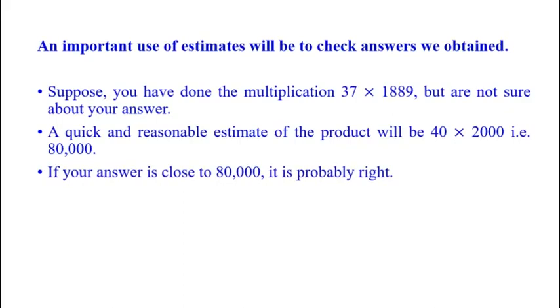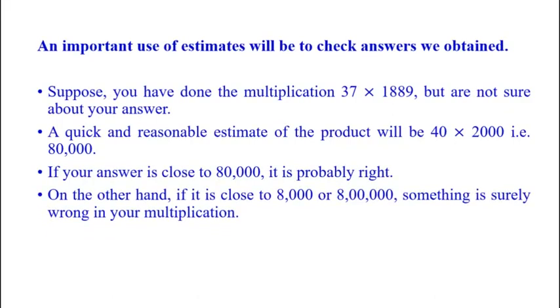If your answer is close to 80,000, it is probably right. On the other hand, if it is close to 8,000 or 8 lakh, something is surely wrong in your multiplication. Then you check it.